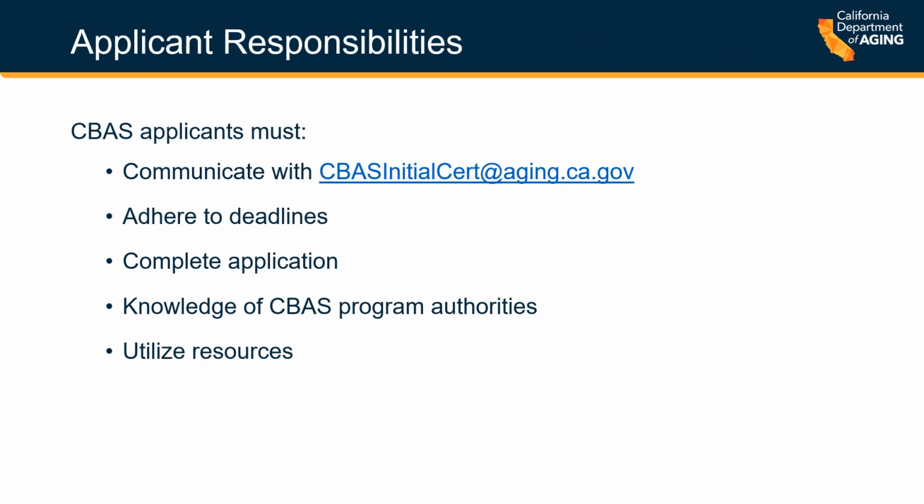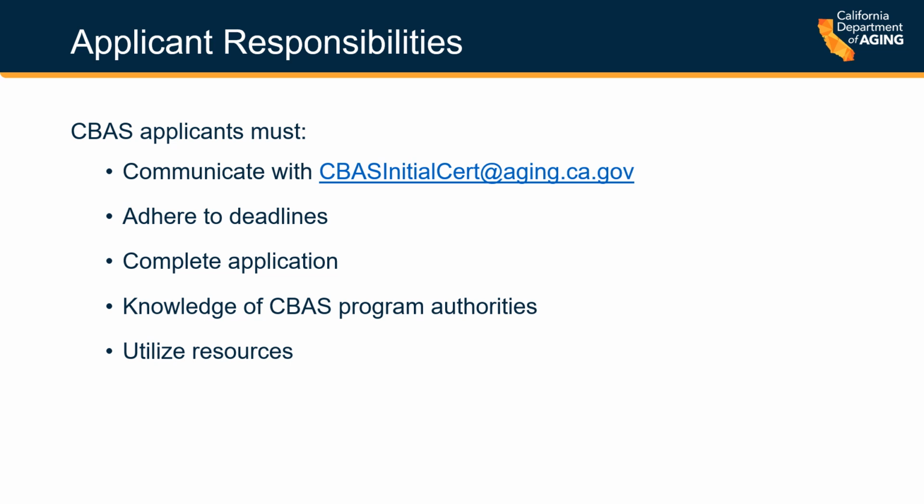Let's discuss roles and responsibilities. You, the CBAS applicant, must provide regular communication throughout the process and provide updates on construction and your application status with CDPH. Please add our email address to your contacts and regularly check your junk or spam folders for any communications.